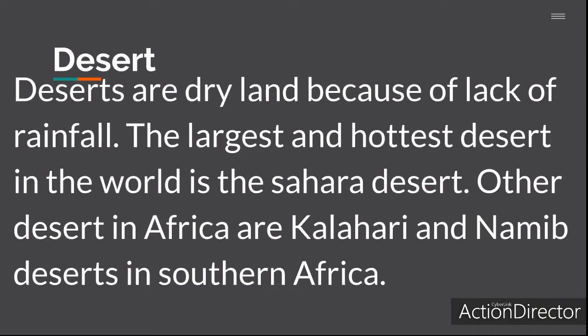Deserts are dry lands because of lack of rainfall. The largest and hottest desert in the world is the Sahara Desert. Other deserts in Africa are Kalahari and Namib Desert in southern Africa.